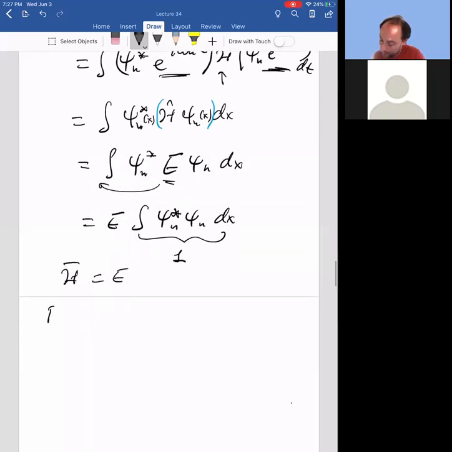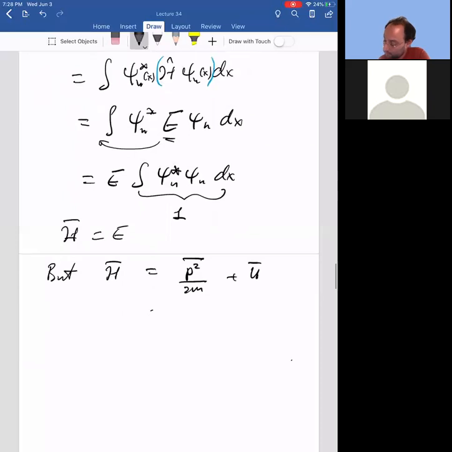On the other hand, the expectation value of the Hamiltonian operator is the expectation value of p squared over 2m plus the expectation value of the potential energy, which is just the expectation value of energy. And that really is the reason why we interpreted E, the separation constant, as having the meaning of energy.